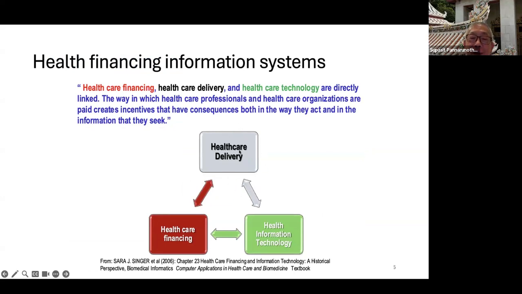So this evening we discuss mainly the linkage of healthcare delivery, health financing, and health information technology.